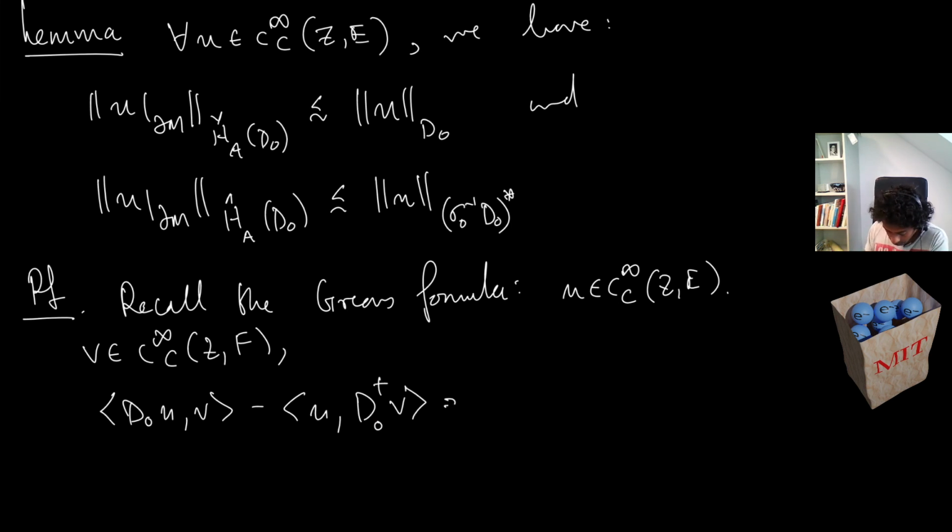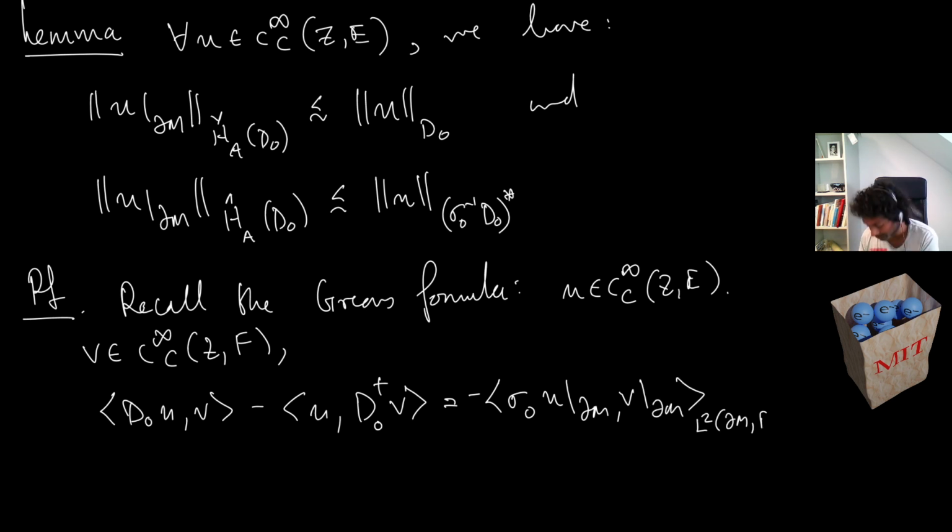This is equal to negative (sigma naught u restricted to the boundary, v restricted to the boundary) in L2 of the boundary of M in F. Okay, so this is the Green's formula that we find.